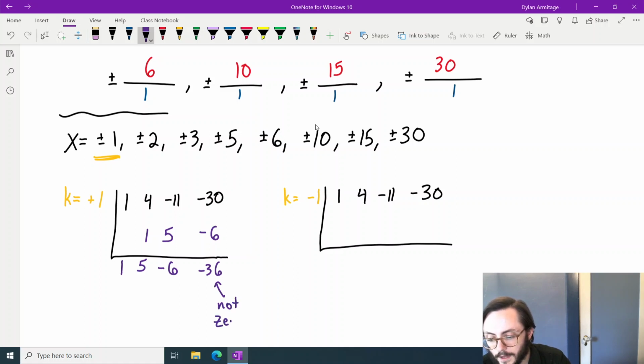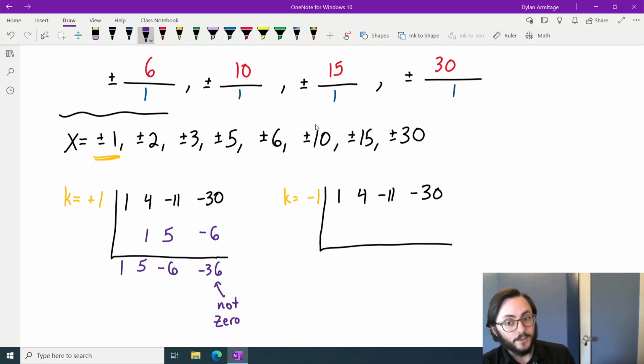Evaluating this at the value of k equals positive 1, it is not 0, so we know that this is not a root of our original polynomial. We're essentially evaluating our polynomial at each of these values and seeing if it equals 0. If it does, then that must be a root.